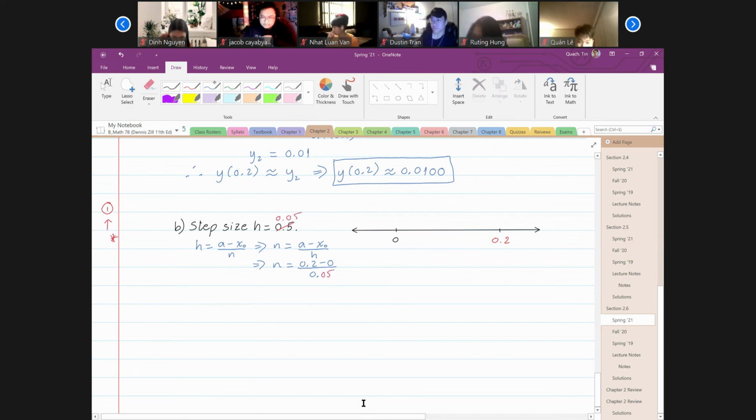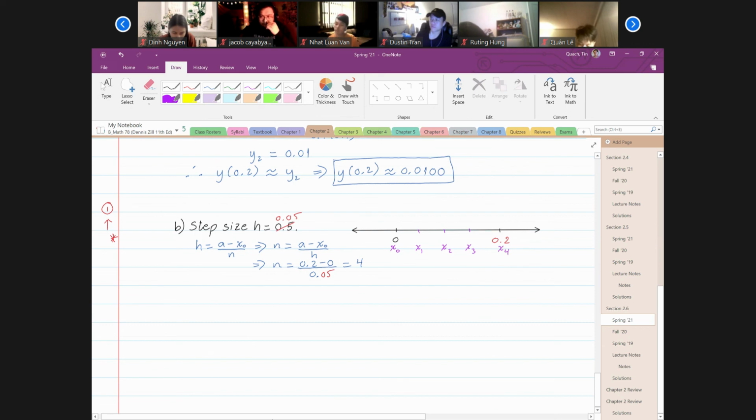So when you do that, what do you have for n? You have 4. That means you're going to divide it into 4 subintervals. So you have 2, 3, 4. So this is your x of 0, x of 1, x of 2, x of 3, and x of 4.